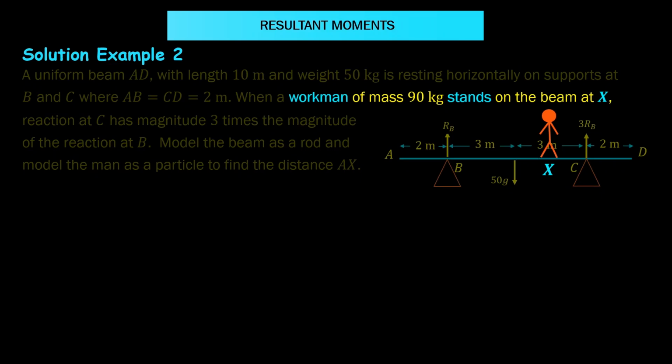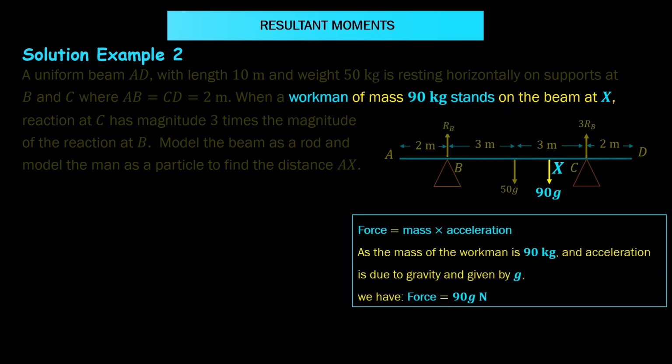The workman stands at X, and since his mass is 90 kg, the force acting at the point X is 90g newtons, as shown in the diagram.